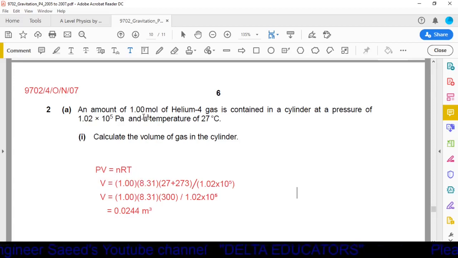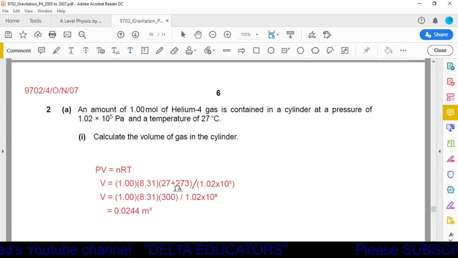Now we substitute the values. n, the number of moles, is given as 1 mole. R is the constant, with value 8.31. The temperature we have to take in Kelvin. This temperature is in centigrade, so to convert it into Kelvin we add 273.